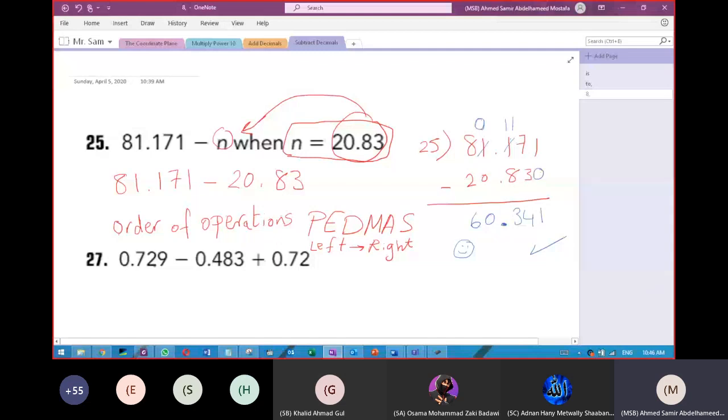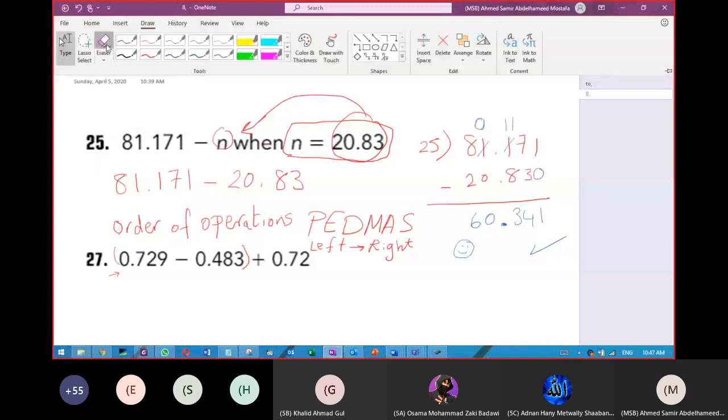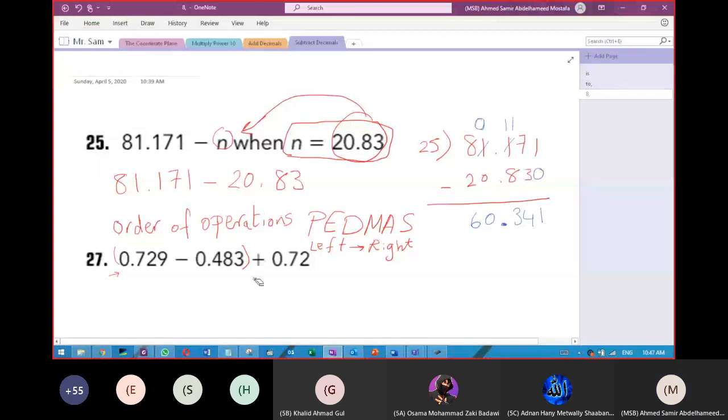So we're going from left to right. We're going to do the subtraction first, and then we do the addition. Let me erase this part. Then do the subtraction aligned, and then do the addition aligned. So we have here 0.729 minus 0.483.